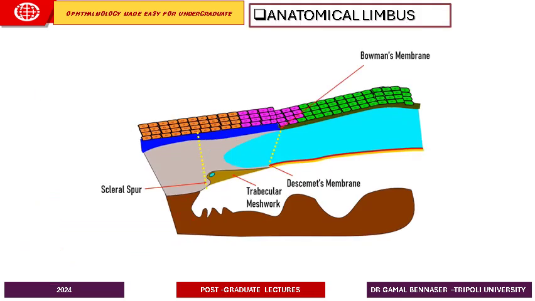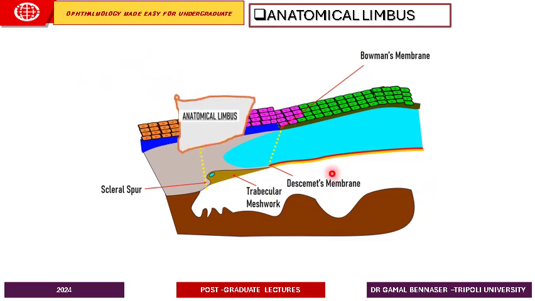Now we come to an important definition, which is the anatomical limbus. We finished the histological limbus. The anatomical limbus is the area bounded anteriorly by a vertical or oblique line connecting the termination of the Bowman's membrane with the termination of the Descemet's membrane, and posteriorly by a vertical line that connects the scleral spur with the tangent on the surface of the sclera.